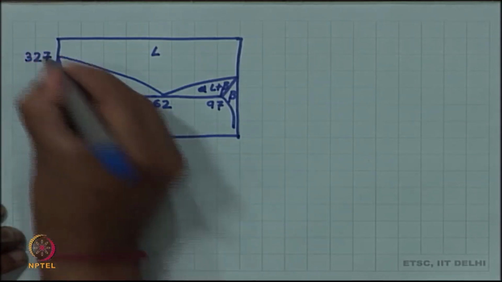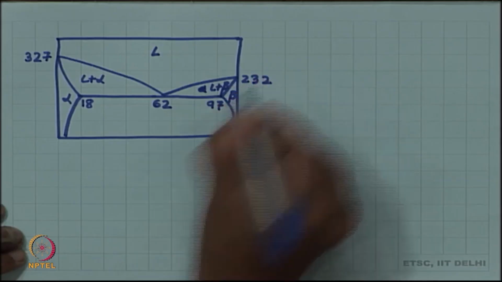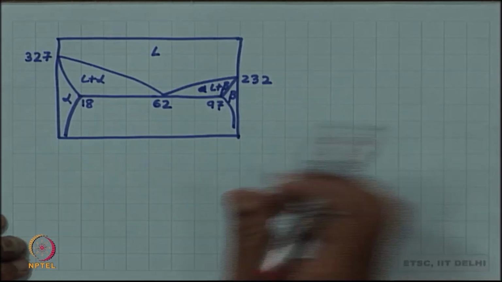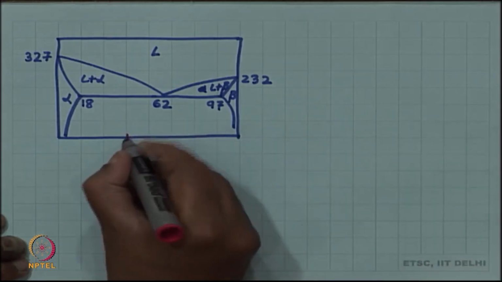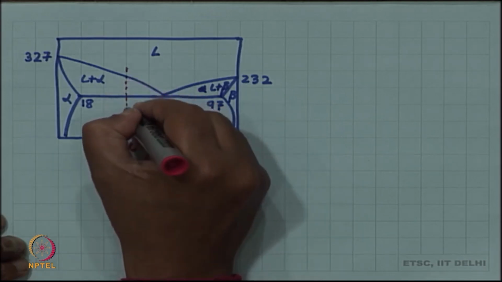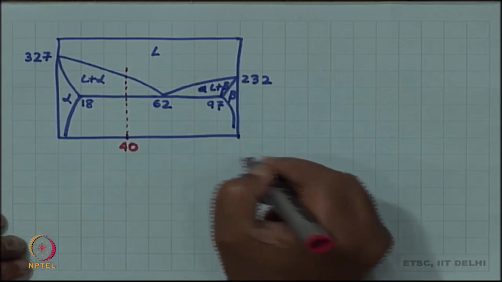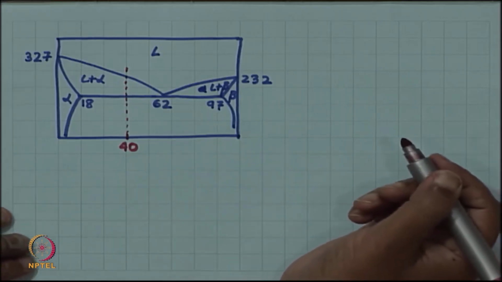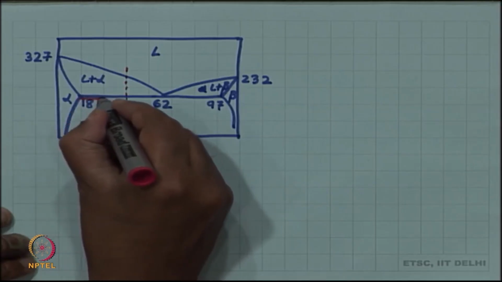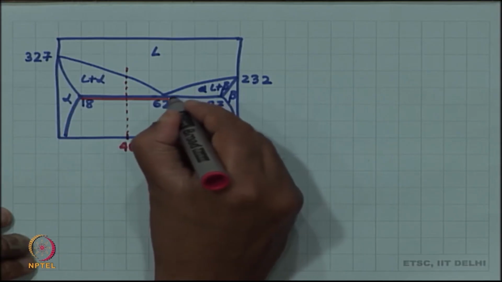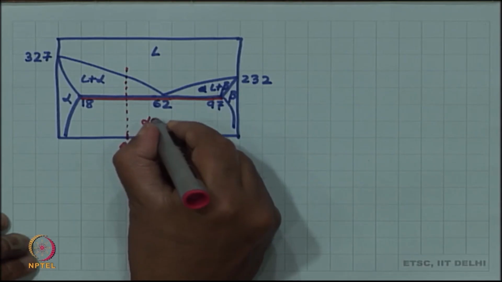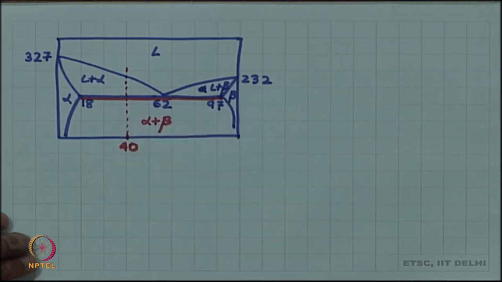This is 327 and this is 232. So, we are familiar with this diagram by now, and all I am saying is that we are talking of a 40% alloy, a hypoeutectic alloy, and we want to know what is the total alpha and total beta in this alloy. If we want to find total alpha and total beta, we draw a tie line just below the eutectic horizontal in the two phase field alpha plus beta.